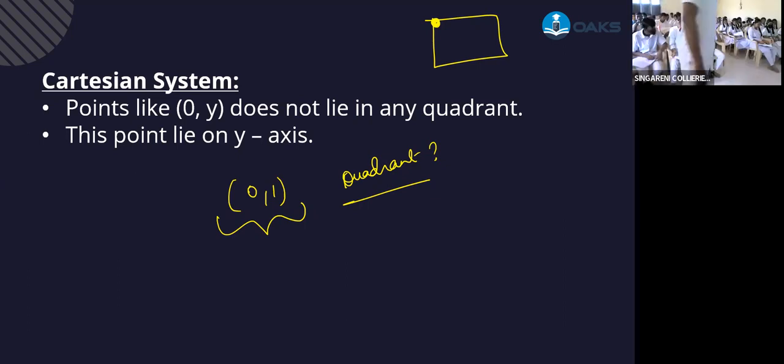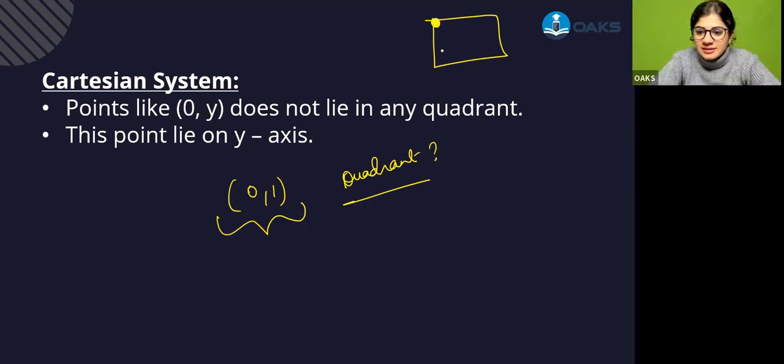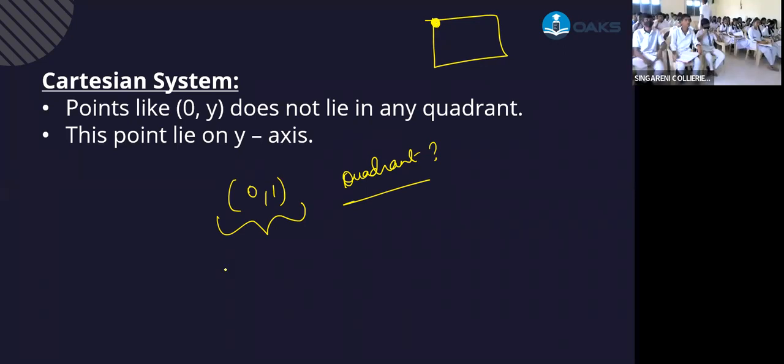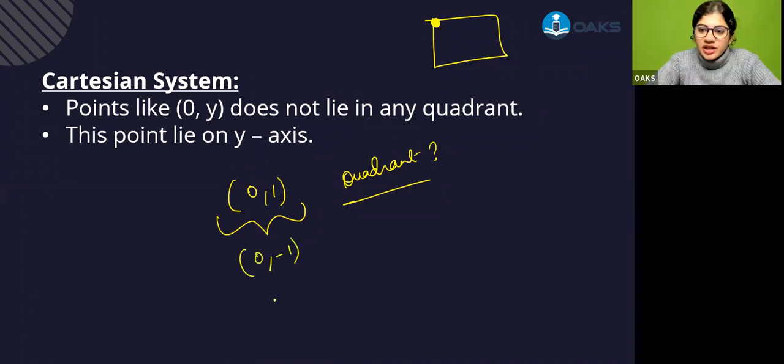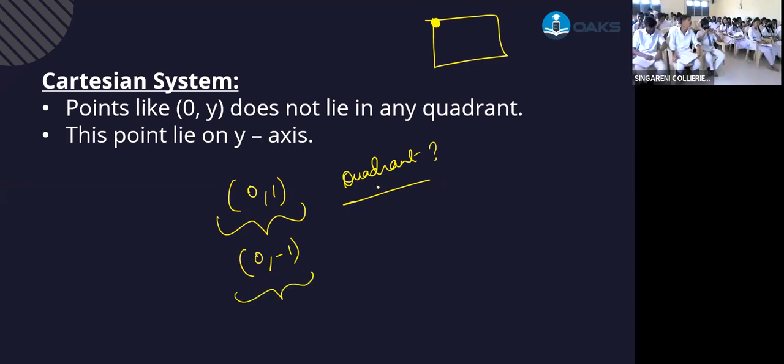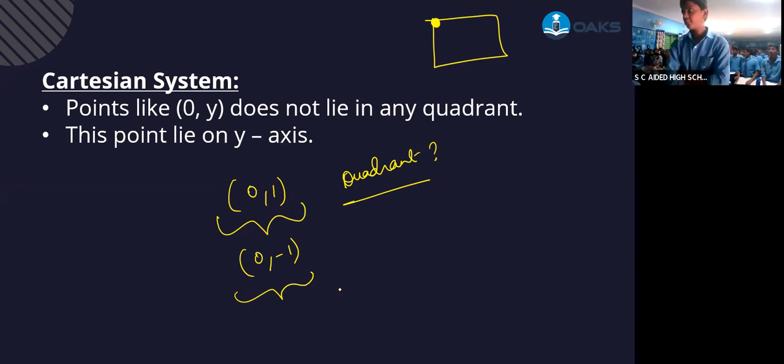From school 2, the same boy from this place. School 1, you can sit down. School 2, kindly come. If my point is 0, -1, can you tell me in which quadrant it will lie? You are also saying y-axis?